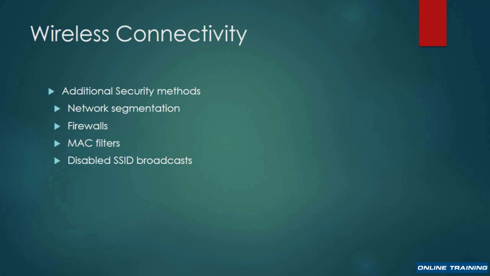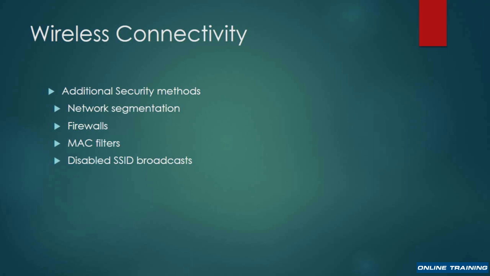There are some additional things that we can do to secure wireless networks that you might find being done or have to interact with. One is network segmentation. So sometimes wireless networks are segmented off of the main business network and just used to provide internet access. That's fairly frequent. Or you might have two separate wireless networks.